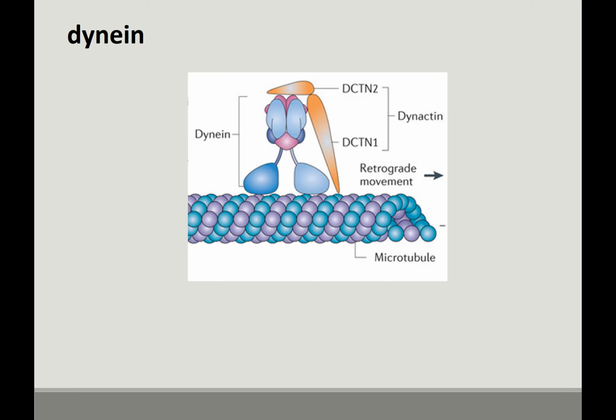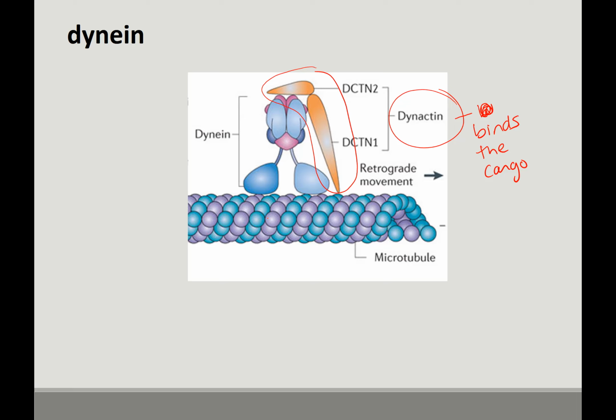So dynein is our other motor protein. Slightly different structure, and I'll show you one that looks more like the structure from your book in a minute. But what I like about this image is it clearly shows this helper dynactin. And dynactin is what binds the cargo.